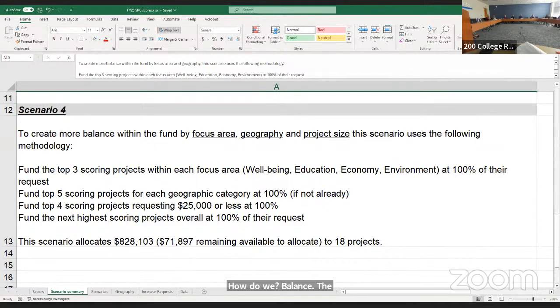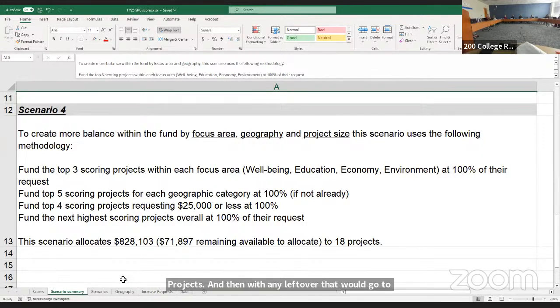So scenario 4, again, looking at the top 3 scoring projects by focus area. And then we're looking at the top 5 scoring projects for geography. Then we would be looking at the top 4 scoring projects requesting 25,000 or less. And those are all fully funded projects. And then with any left over, that would go to the next highest scoring projects.